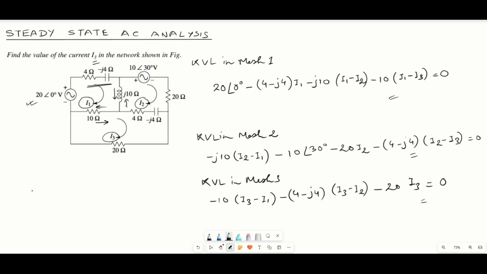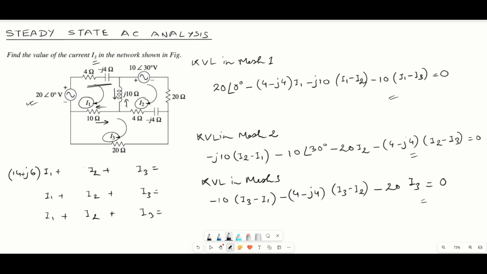In order to solve this type of numericals, we can write down the equations in this format: I1 plus I2 plus I3 equals whatever is with the variable. From the first equation, we get the I1 term as (14 plus J6), I'm directly writing the value.